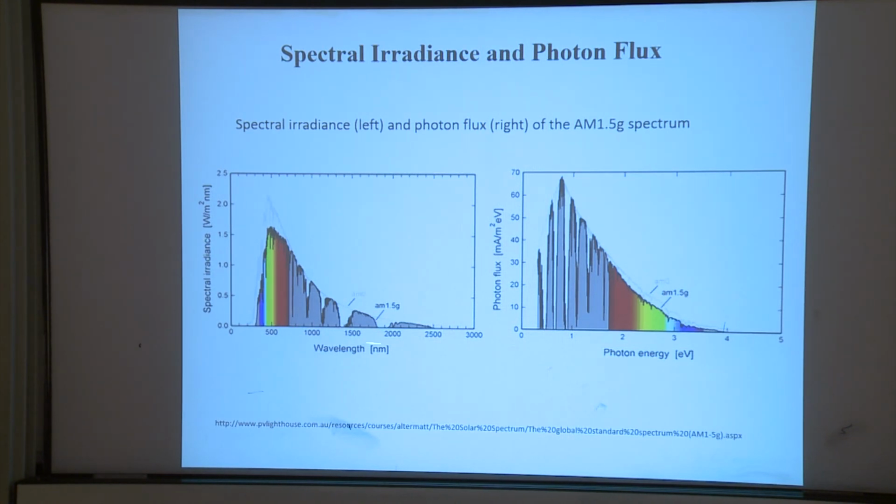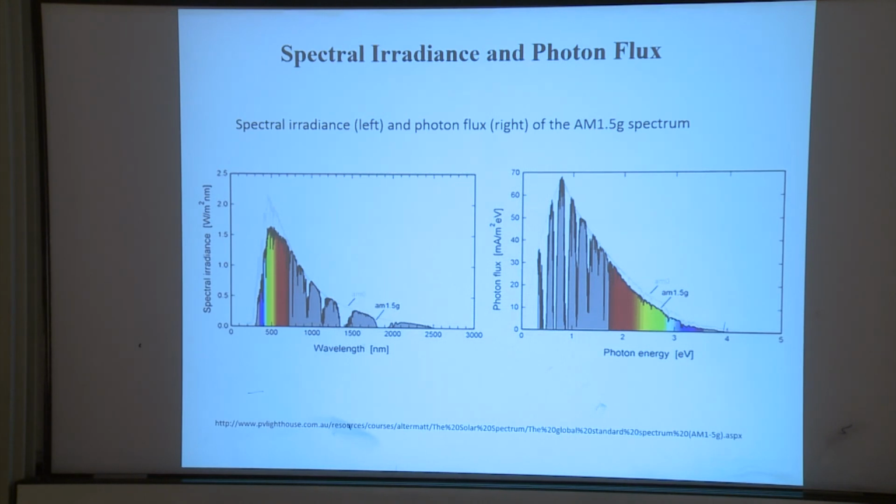Okay, so this diagram is spectral irradiance as a function of wavelength. Can we convert this diagram to be a function of photon energy? E equals h nu. Nu equals what?